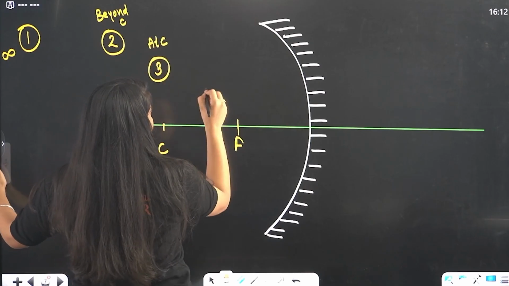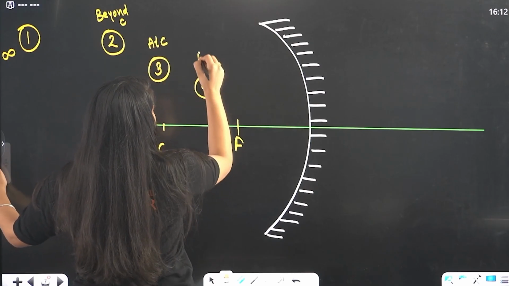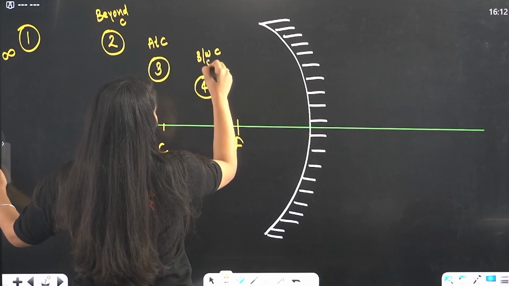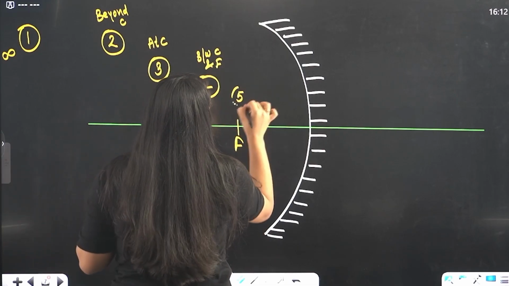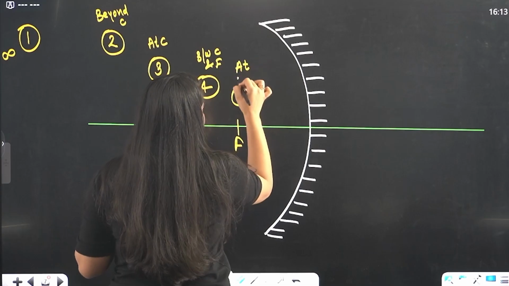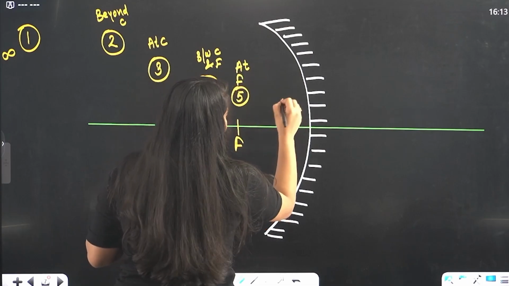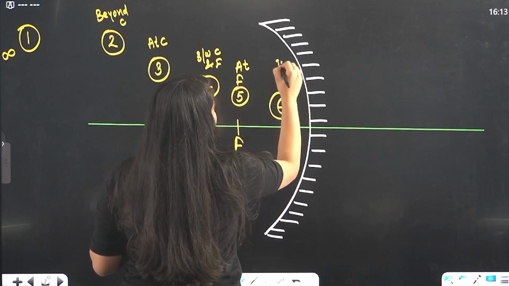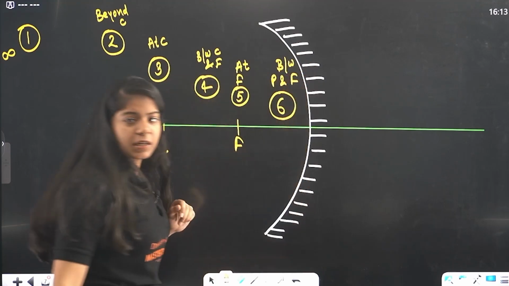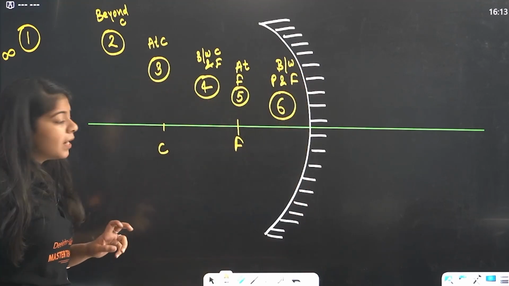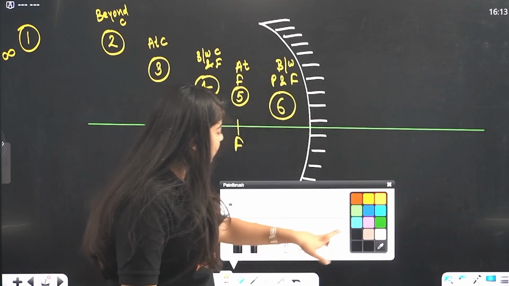Then the object is between C and F. Understood? Then the object is at F. That is focus. Then the object is beta between pole and focus. Is it clear to you? Yes, it's clear to you. Done.